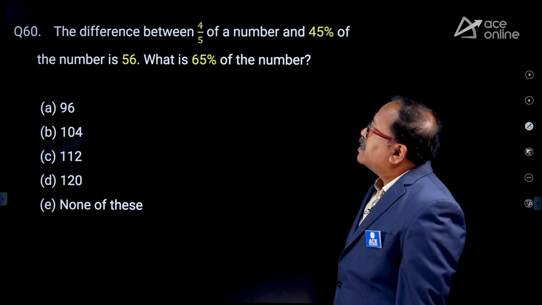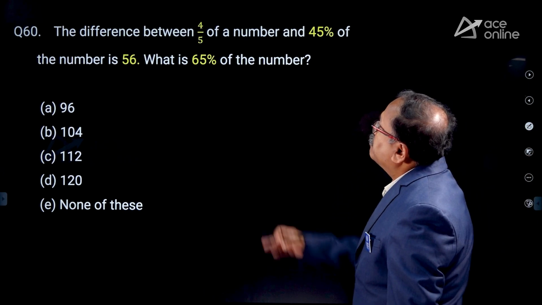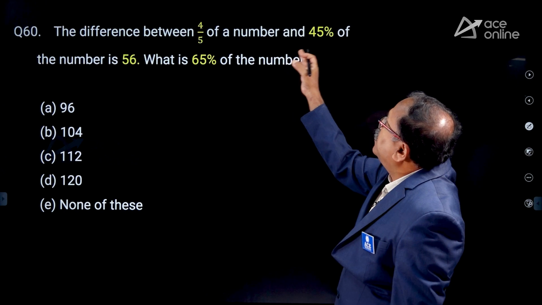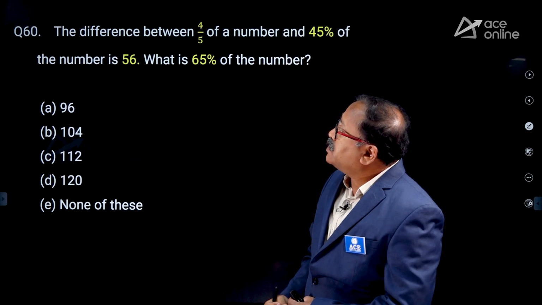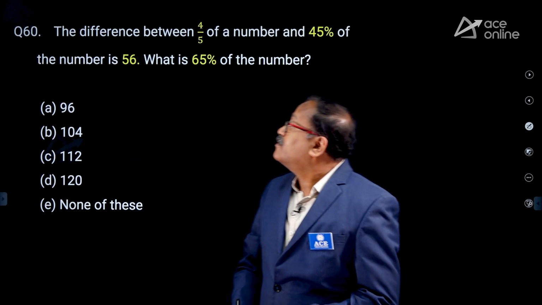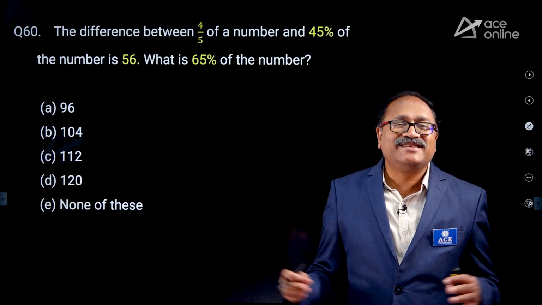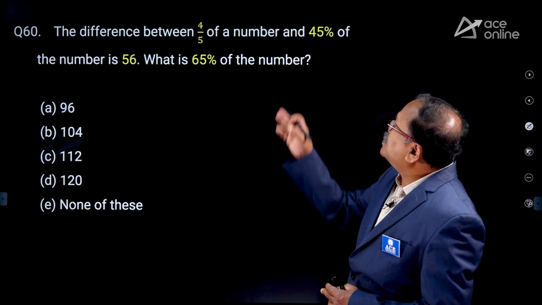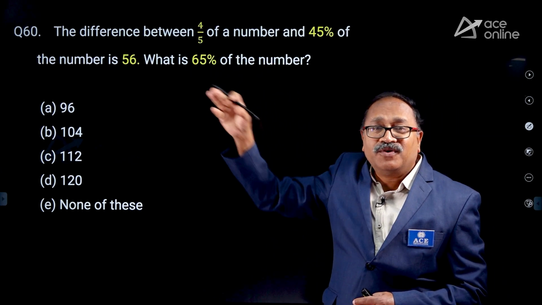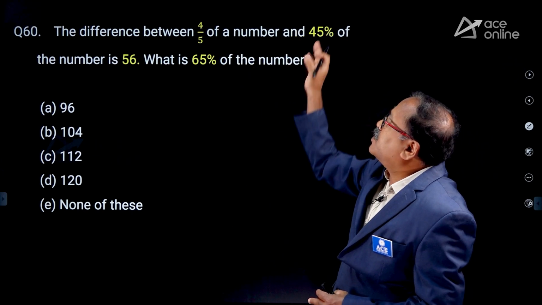Question 60. The difference between 4/5 of a number and 45% of the number is 56. Then what is 65% of the number? I will say it's the easiest question, because we know 4/5 is 80%. So here it is 80% and 45%.